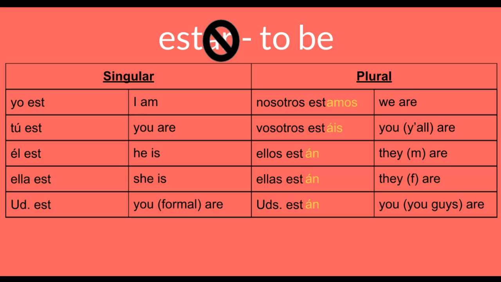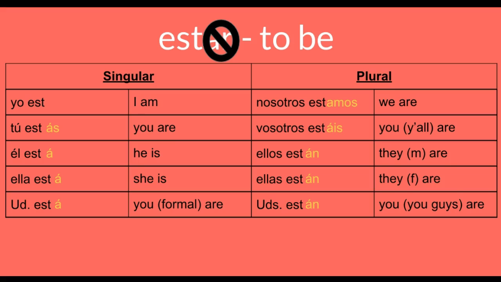If you look at the singular side of our chart, the tú form also follows the regular AR verb conjugation, except that you have an accent over the A in the tú form as well. Tú estás, you are. You guessed it, for él, ella, and usted, we're going to follow the regular conjugation pattern with an accent over the A. Él está, ella está, usted está.